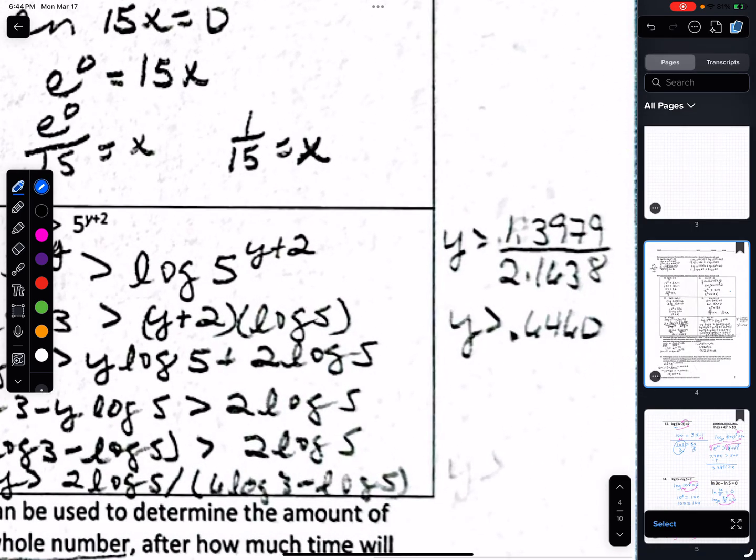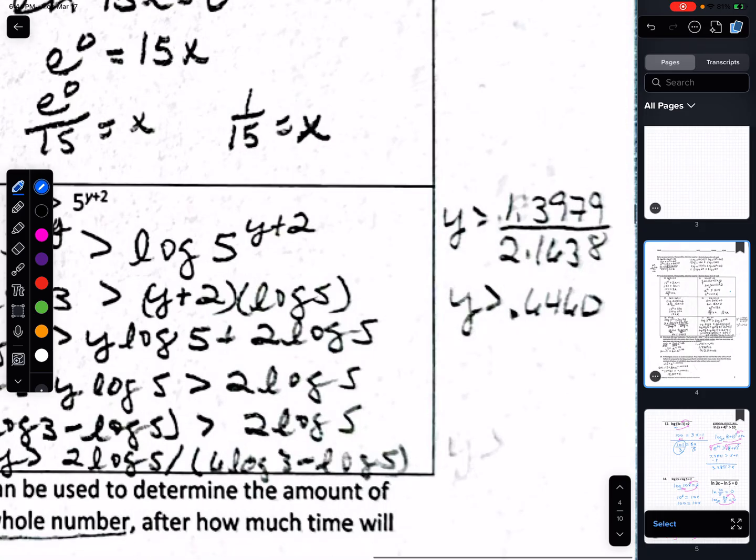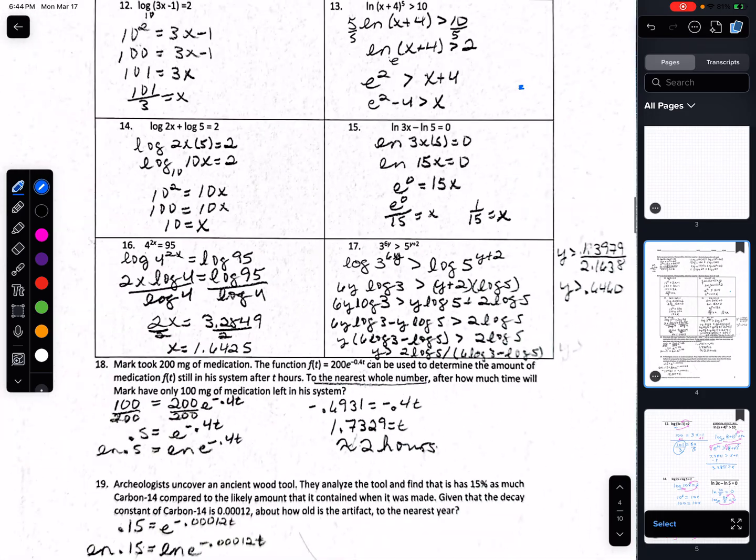She didn't round correctly, but this is the ten thousandths place, so it doesn't matter. Our answer's more right than hers. That's all that matters.